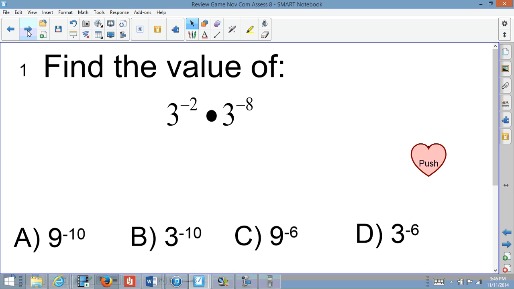So, first question, find the value of 3 to the negative 2nd power times 3 to the negative 8th power, and I notice we have a multiple choice down here, so let's see. The rules for the laws of the exponent state when you're multiplying and you have the same base, which is the 3's, we're supposed to add the exponents.